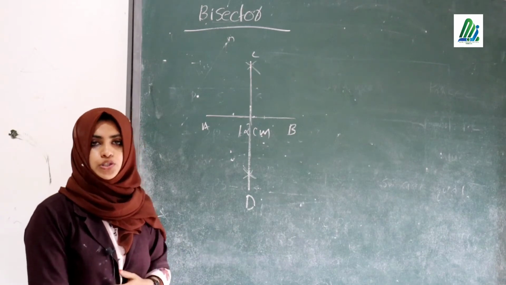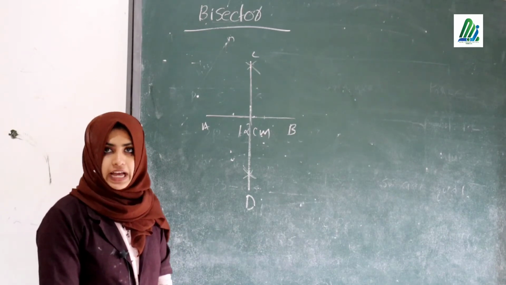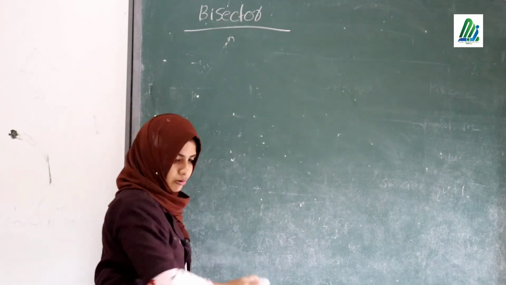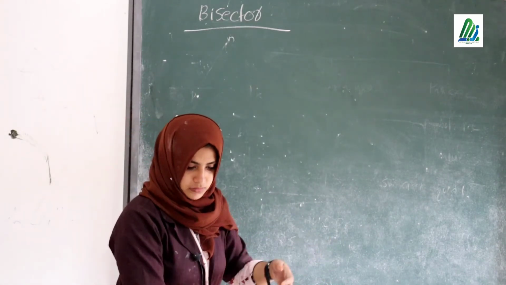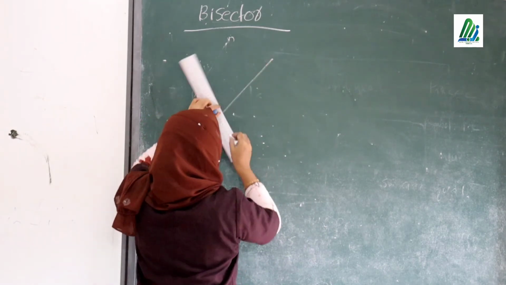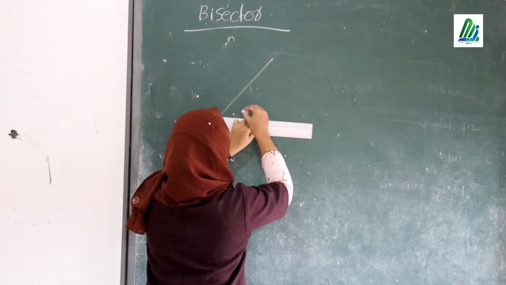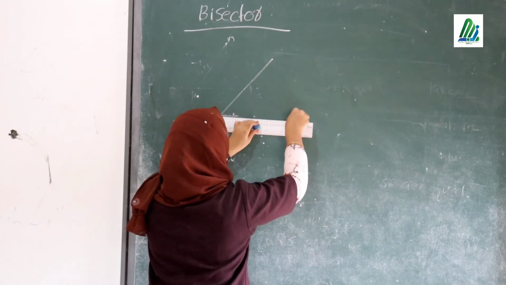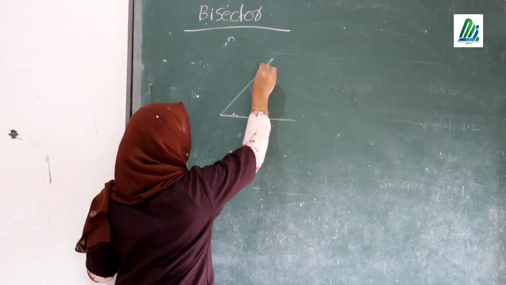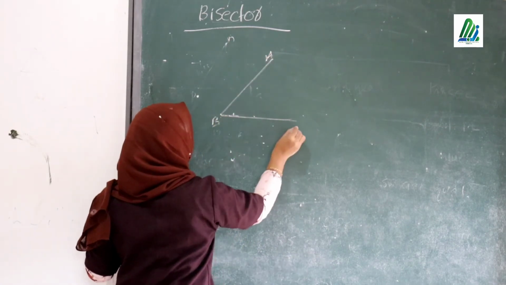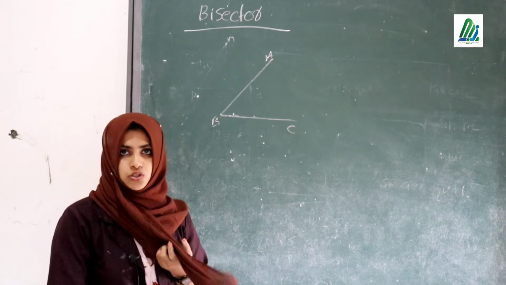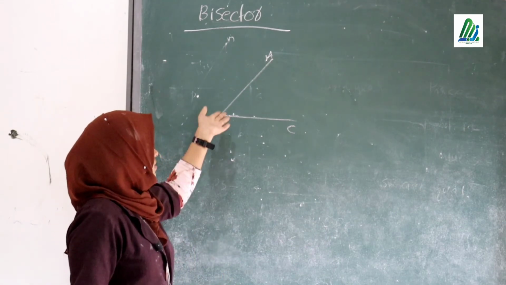Then next, how to draw a bisector of the angle ABC. So this is the angle ABC. We want to draw the bisector of this angle.